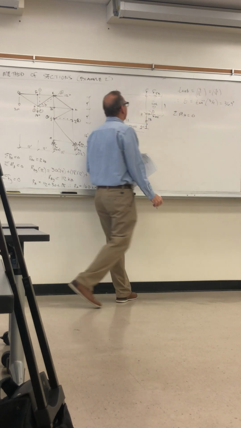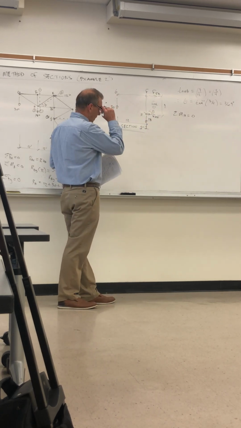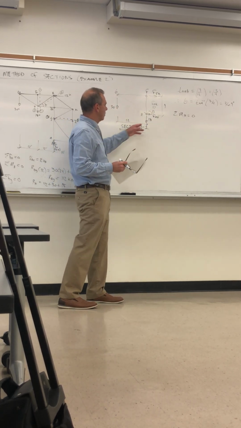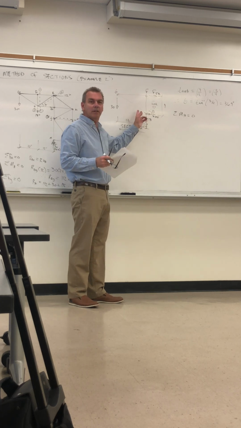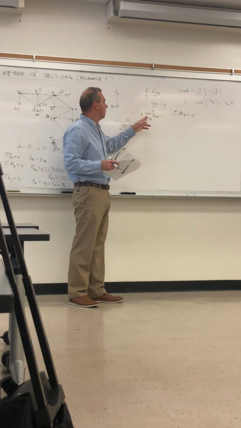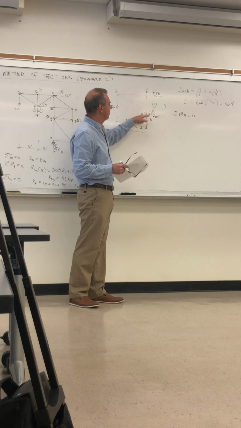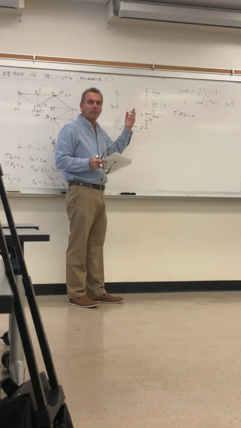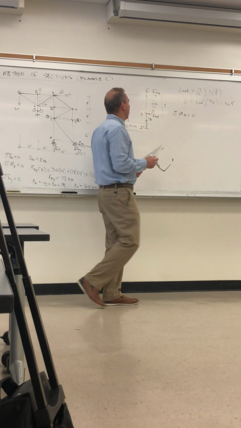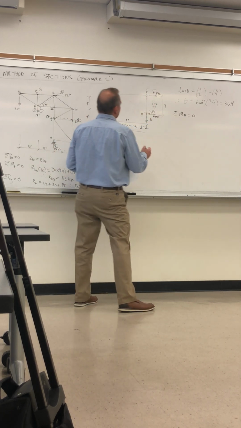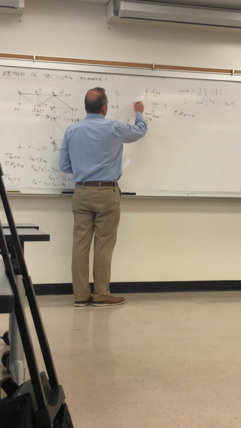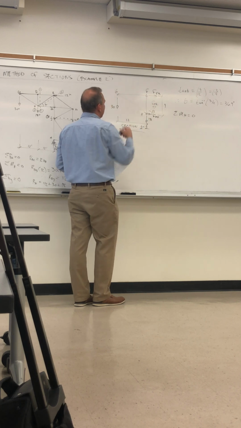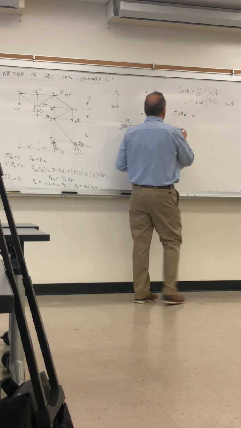Summing moments about H is 0. In that case, we have three forces going right through H, so they don't need to be included in the summation. We have F of HE, F of HI, and the 18 kips all going right through H. So they have no contribution to the moment about H. And therefore, the only moments are from F of FE, and the 30. So we can just write it directly.